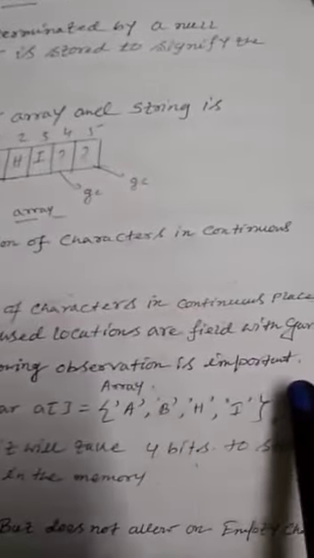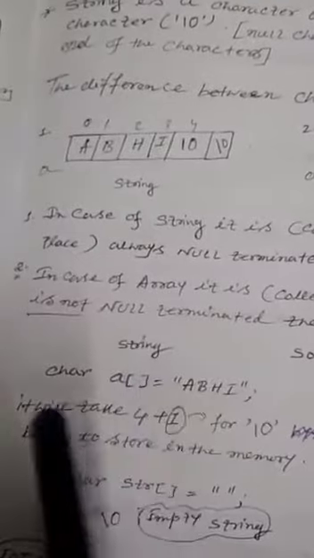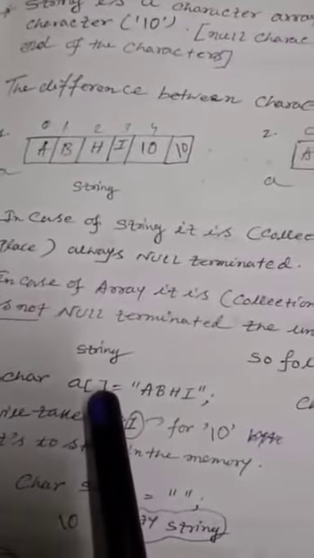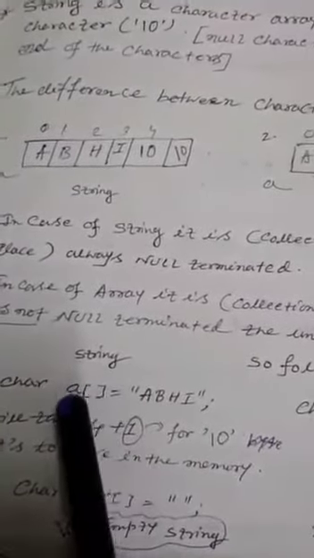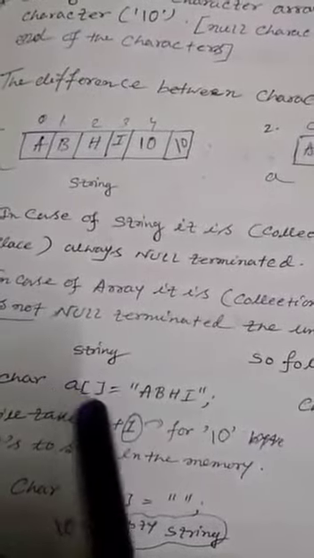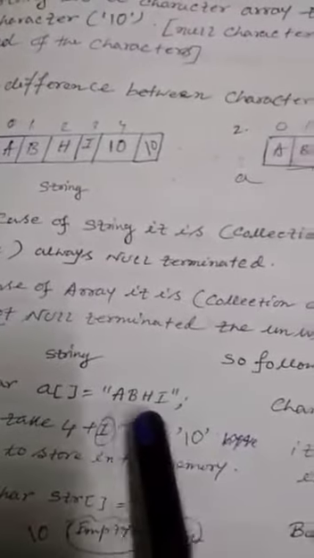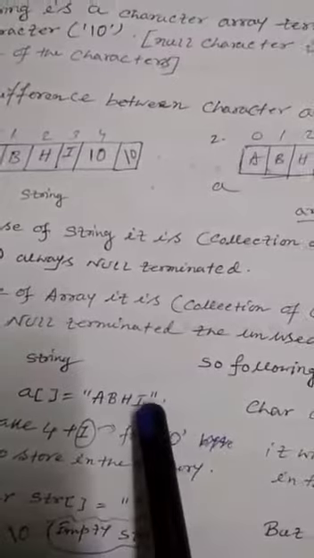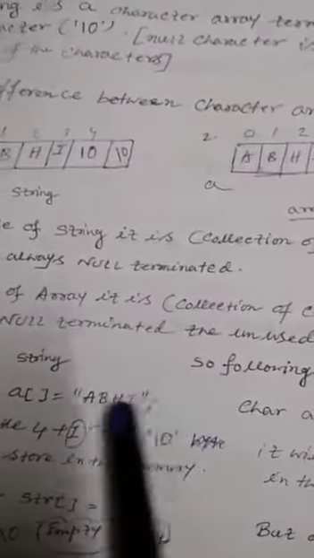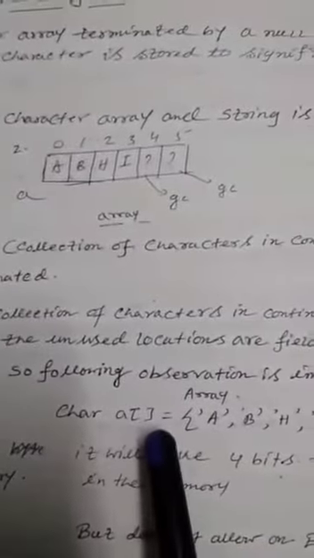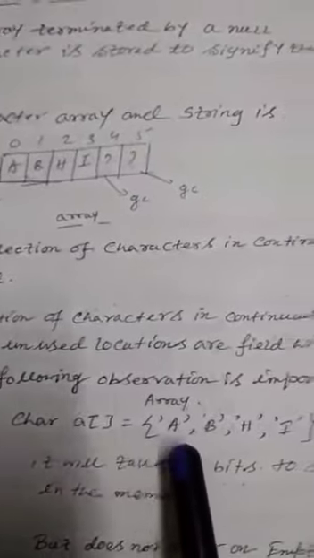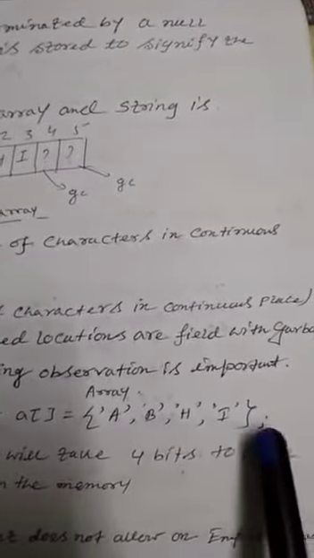The following observation is important for a string. We have declared a character array without any size, and this is nothing but a string constant with double quotes. The other is a character array initialized with character constants.